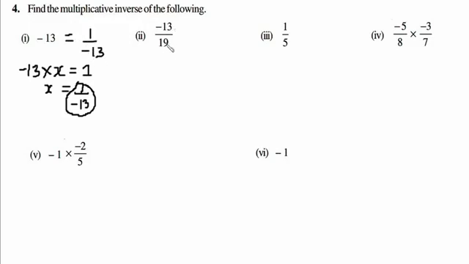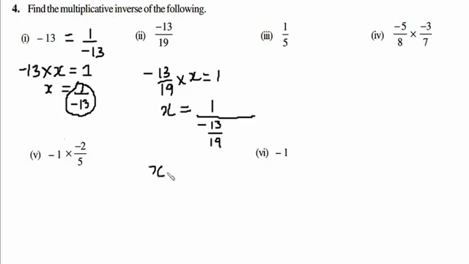Negative of 13 over 19. We have negative of 13 over 19. We don't know the inverse yet, we'll take x. This should give us 1. So x remaining on the left hand side, taking this on the right hand side, 1 we have here, division sign, minus 13 over 19.